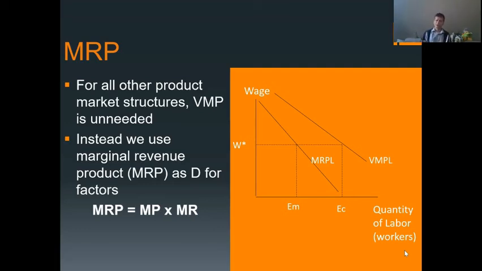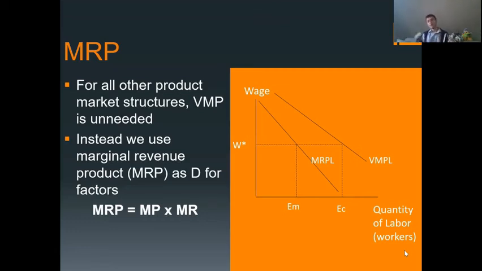However, for other market structures, you don't need the VMP at all. Instead, we use the marginal revenue product, which is the marginal revenue, which is still the price of the product, but it's the price of the product no matter what, multiplied by the marginal product. So MRP is the demand curve for other factors.